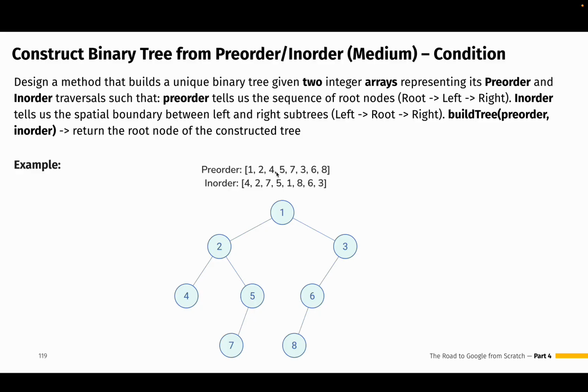So we check where this value 2 is placed. Is it placed on the right side, or on the left side from this value? And you can notice that 2 is placed on the left side, which means for 1 it will be placed on the left side.